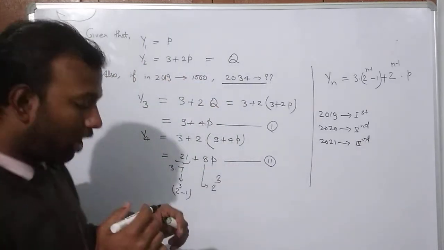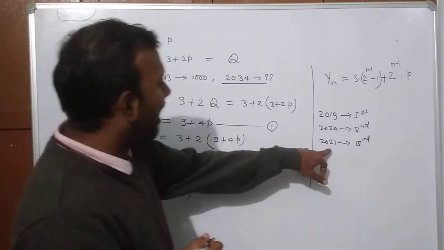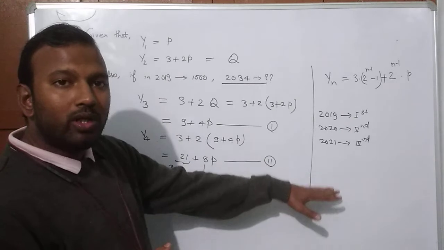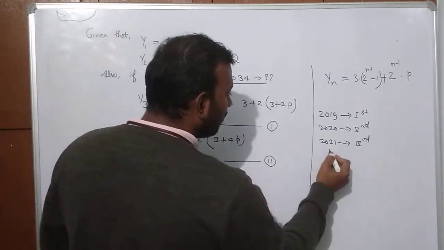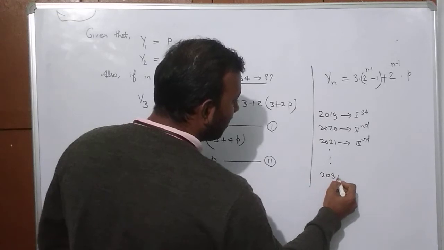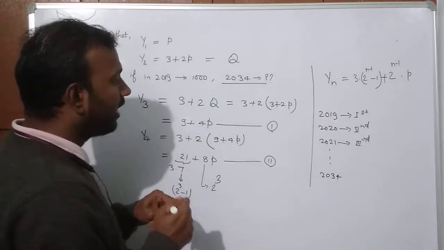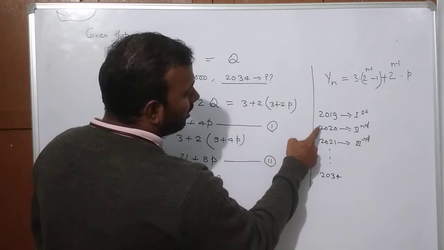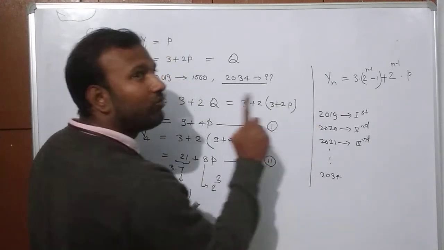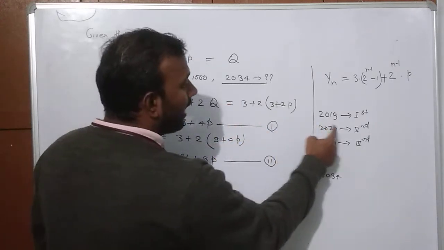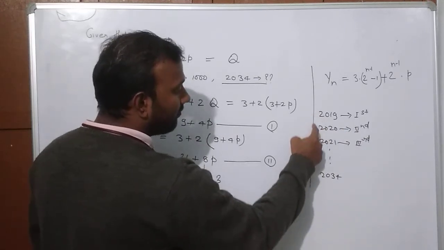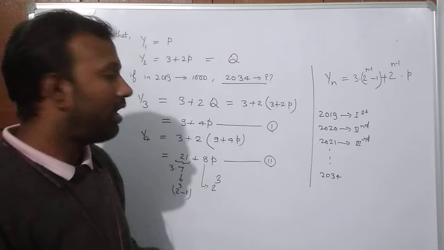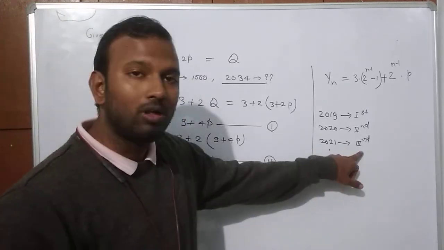Then after 2021, 2022, 2023, likewise we have to go to 2034. Here the difference is 1 and the year is second, and from here the difference is 2 and the term is third.